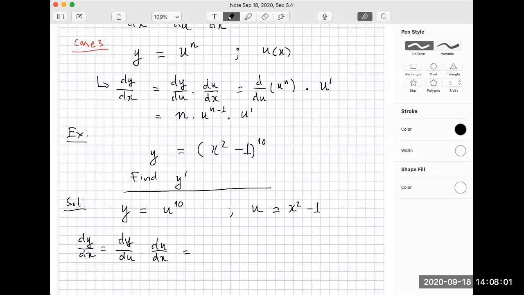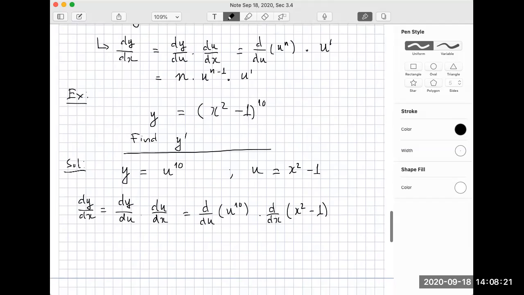The general rule is always like this. And here, dy over du is d over du of u to the 10, right? And d over dx of u, and u in this case is x squared minus 1. Okay? And again, it becomes simpler.